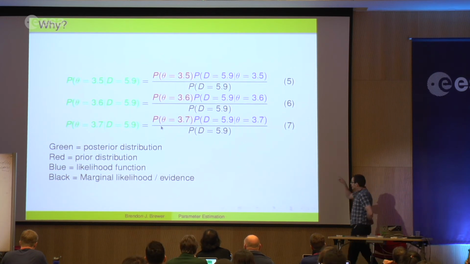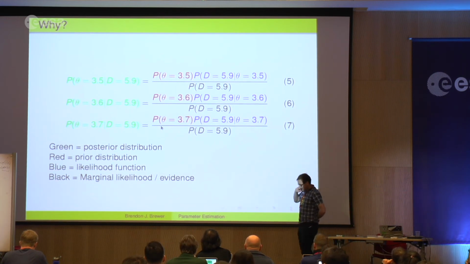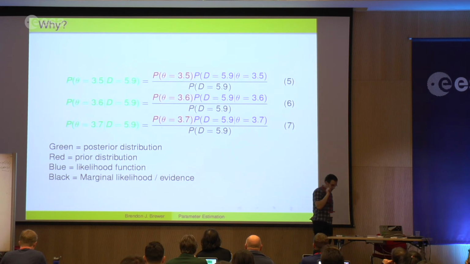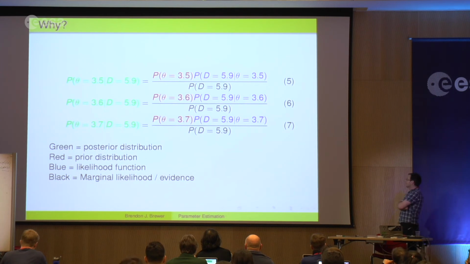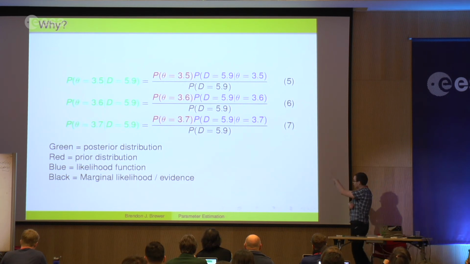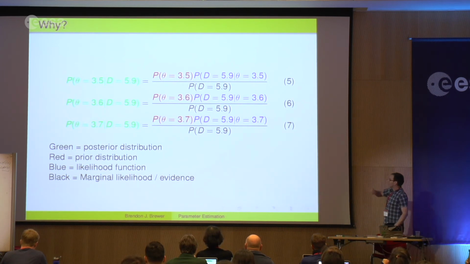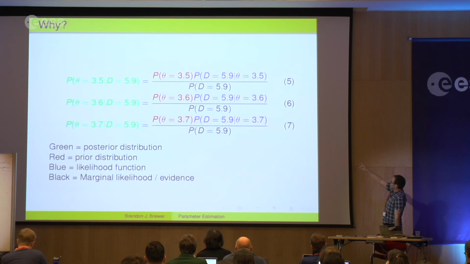Now we could get this denominator in each of these equations by using the normalization condition. So the fact that these 3 green terms have to sum to 1 tells us that the denominator on the right-hand side, which is the same thing in all of them, has to equal the sum of the products in the numerators. So the probability that d equals 5.9 is equal to the probability theta is 3.5 times the probability d equals 5.9 given theta is 3.5.